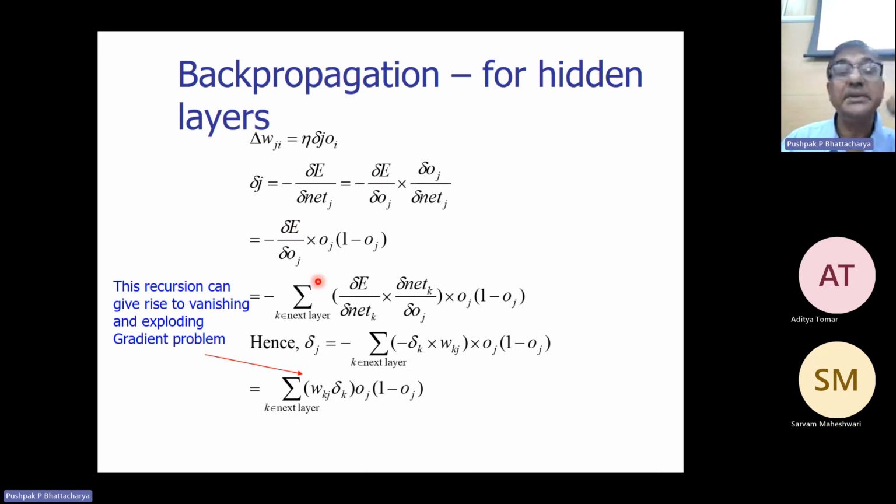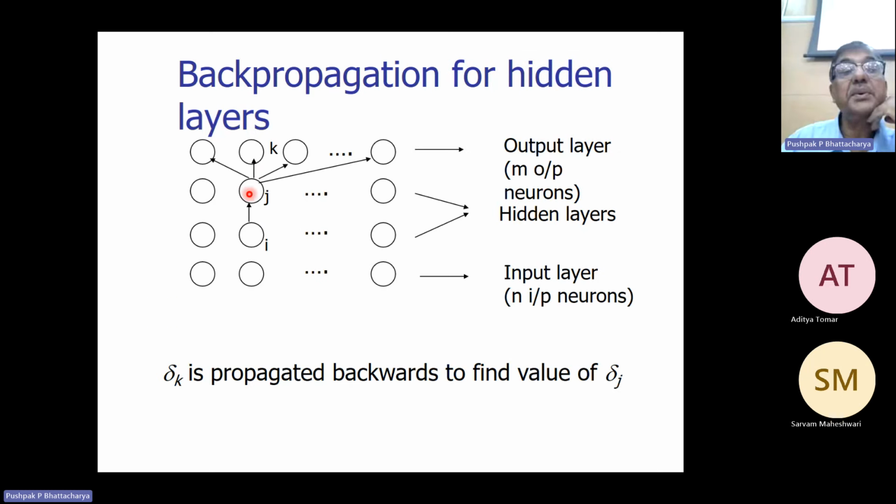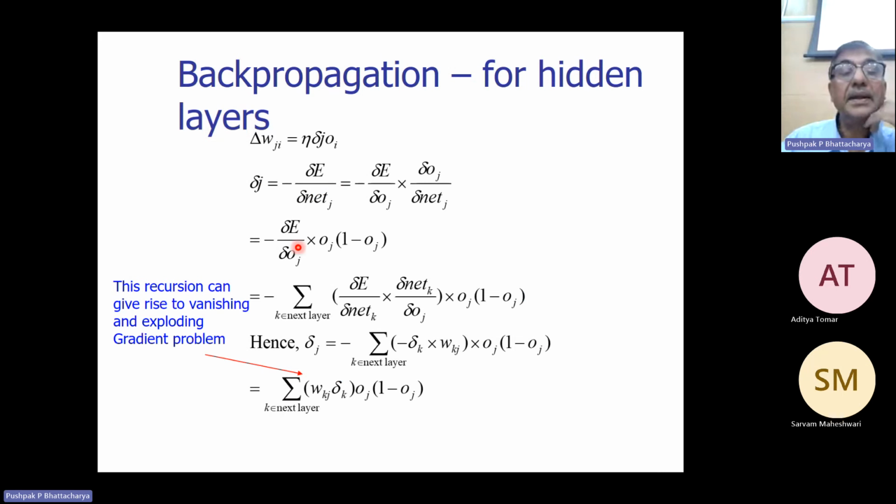Now dE by dOj. Here we make an interesting physical observation. What is the role of this Oj? The role of this Oj is to affect the net input of all neurons in the next layer, each and every neuron in the next layer. So dE by dOj can be written as dE by d net k into d net k by dOj, summing over all the k neurons in the next layer.